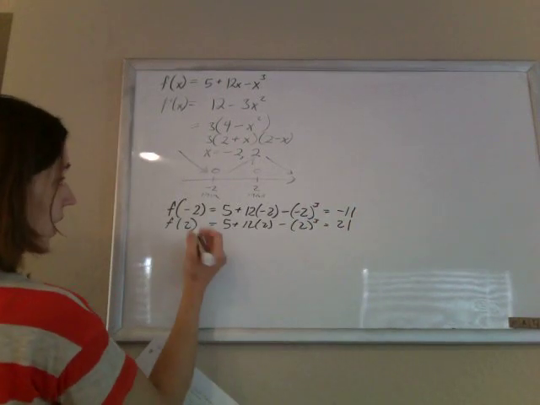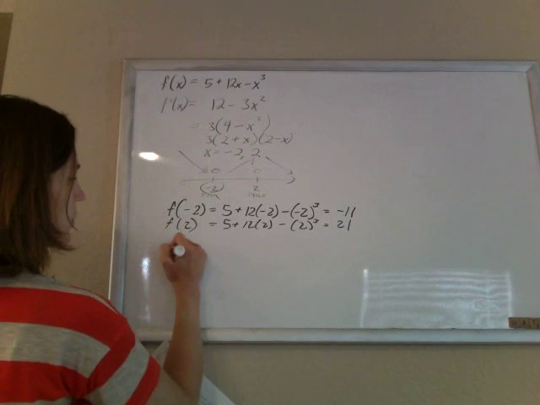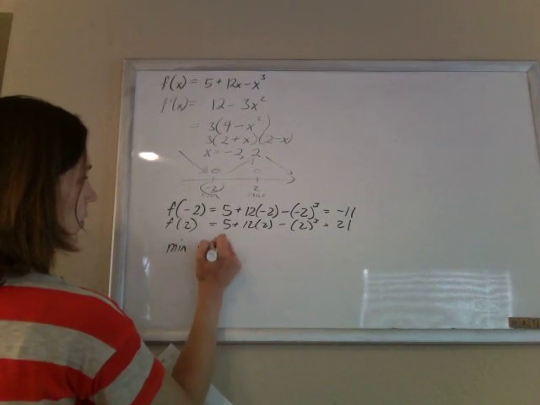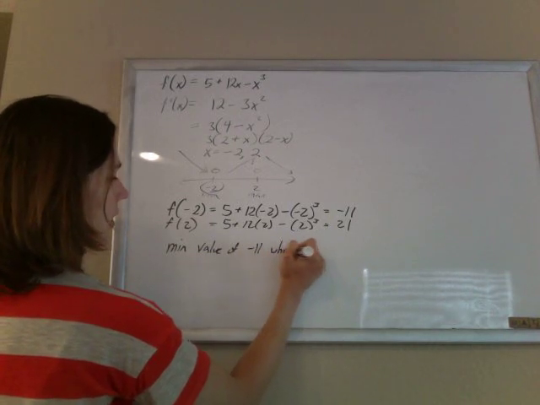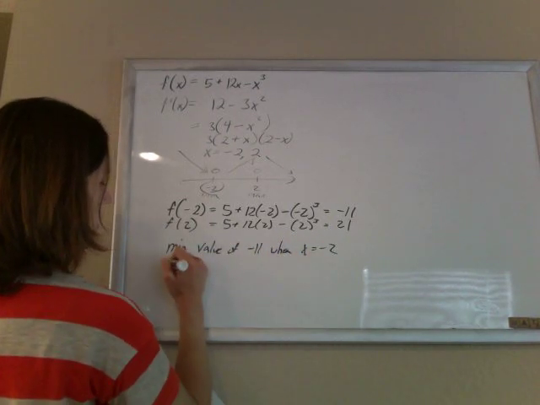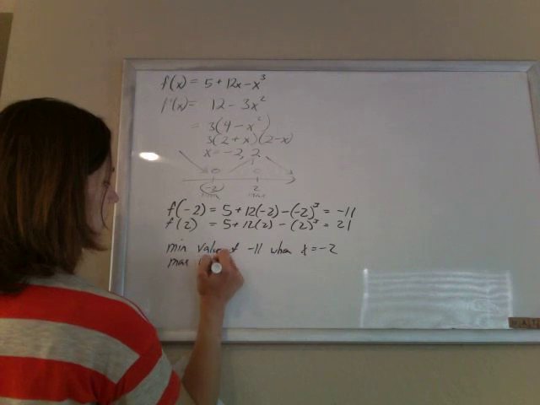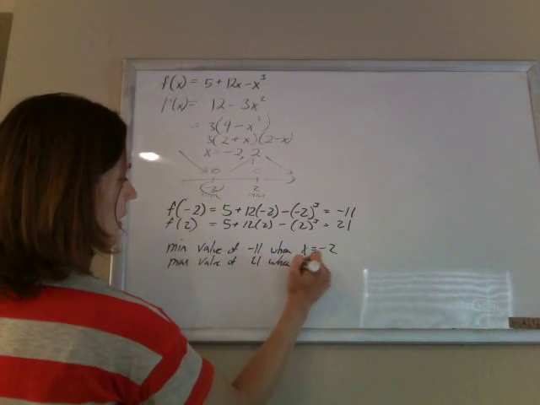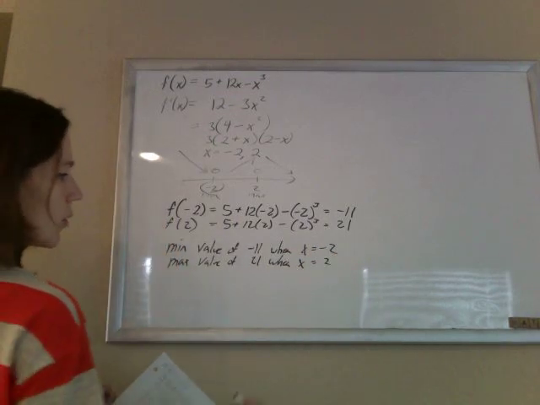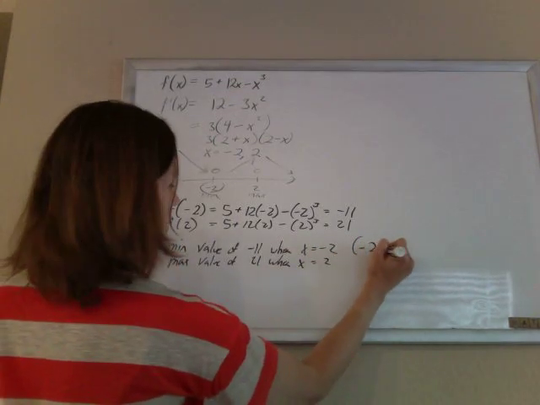So what we can say is that we have a minimum value of negative 11 when x is negative 2 and a max value of 21 when x is 2. So 2 nice points on our graph.